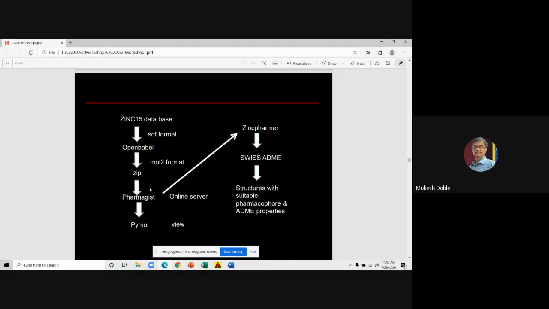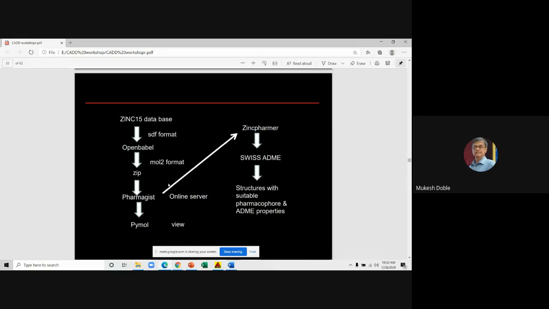Then I open a server called PharmaGist, upload the zip file, and the results of the pharmacophore features of these 4 molecules will come in my email. If I want to view them, I need the software PyMol. PyMol is free for academic use and free for students also. So you need to download PyMol to view these pharmacophore features.